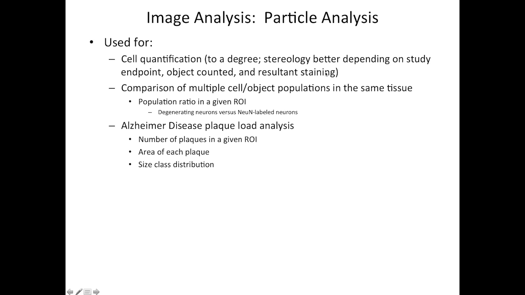The first example I'm going to show you is a double stain showing NeuN positive cells and degenerating neurons stained with the aminocupric silver degeneration stain. And we're going to look at cingulate cortex in a rat coronal section.